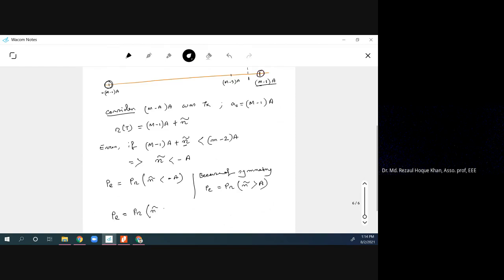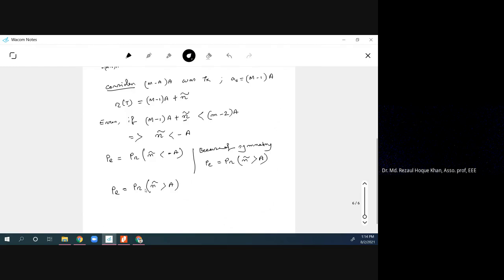Okay, so the error is when n tilde is greater than a. I will do the same thing as we did previously. So the probability that n tilde divided by sigma is greater than a divided by sigma. Here again, this is a standard Gaussian.